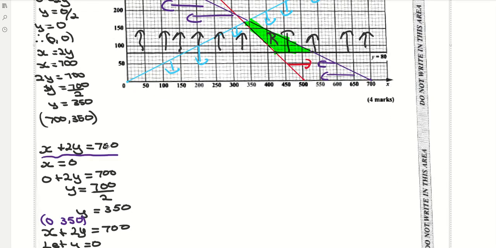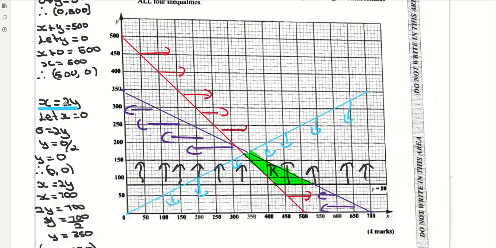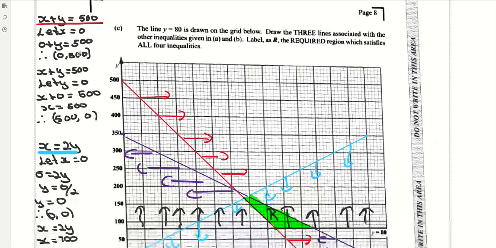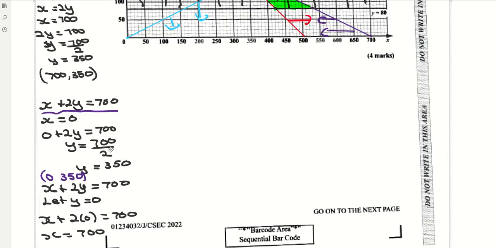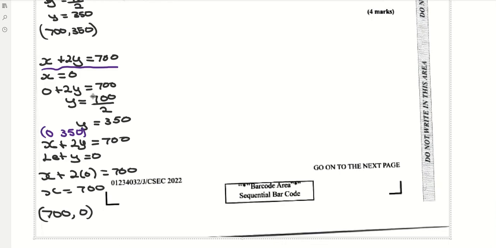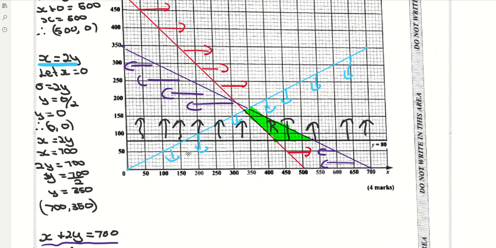Then we have x plus 2y is equal to 700. Same thing that we did for the red line. You're going to let x be equal to 0, see what y is equal to, and then let y be equal to 0 and see what x is equal to. So when we let x be equal to 0, we got y is 350, and when y was equal to 0, hold on, when y was equal to 0, x was equal to 700.